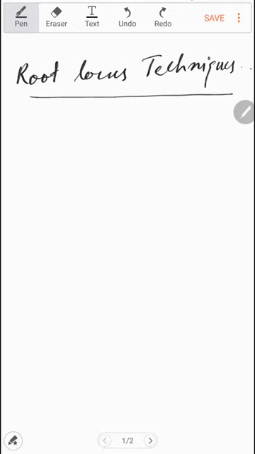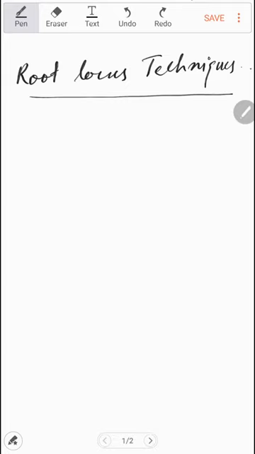If there is any sign change, we say that the poles are in the right half of the complex plane or S plane, and once the poles cross the imaginary axis and move into the right half plane, the system is no more stable.